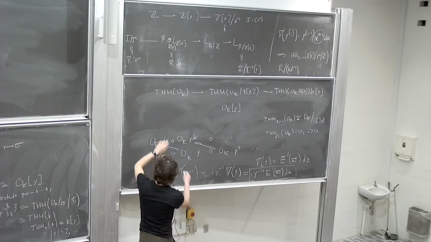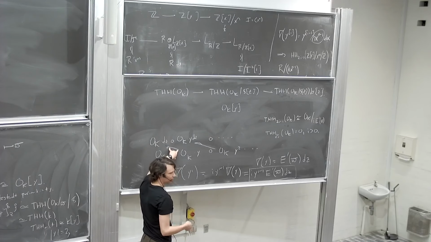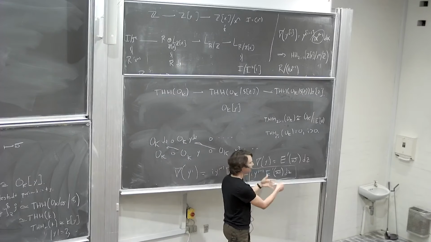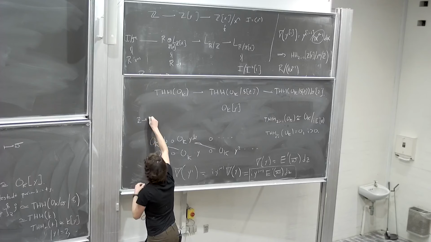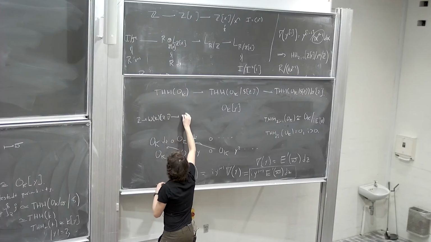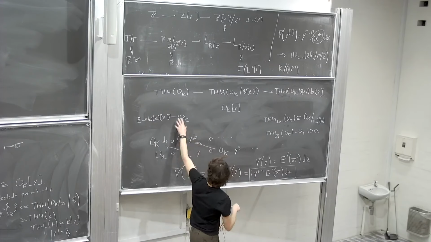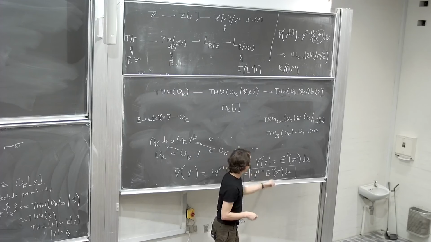And so we see that this little bit is the same as the little bit in Hochschild homology, and so it must be the cotangent complex. And if you unwind how you compute the cotangent complex from this map, you find that basically it's given by multiplication by this element.